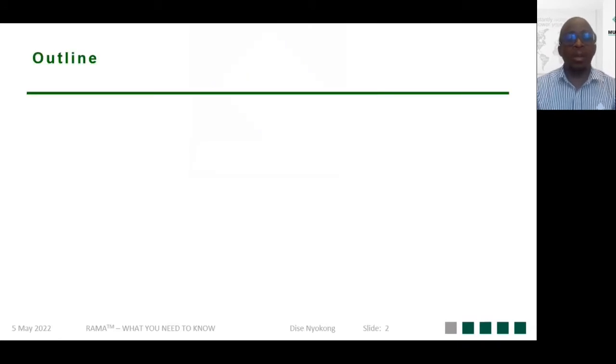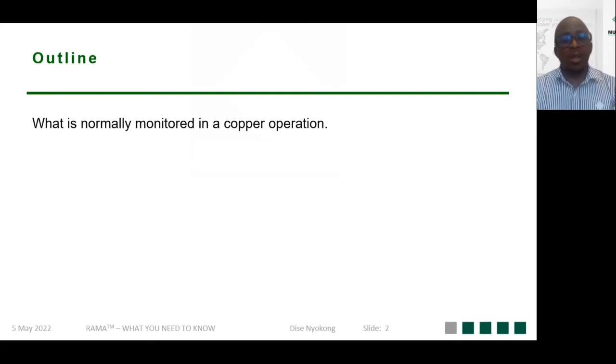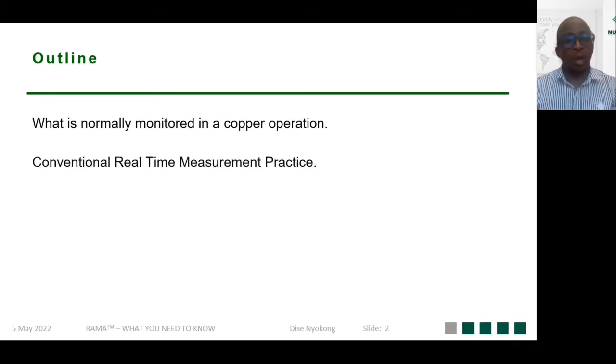The outline of the presentation: the first three topics are something you might be familiar with, starting with what is normally monitored in a copper operation, followed by what is conventional in terms of real-time measurement practices that we find in industry, not specifically related to copper, but for most commodities.